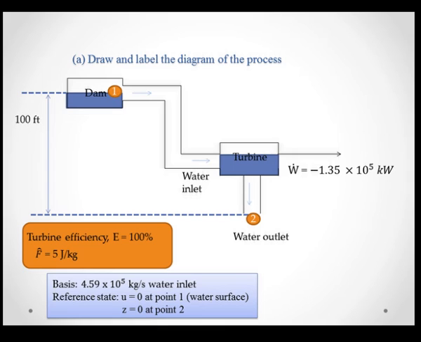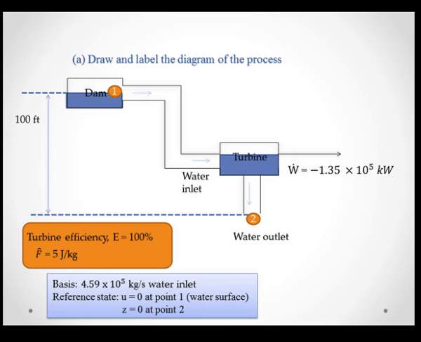Turbine efficiency, which is 100%. Frictional losses, 5 joule per kilogram. And lastly, negative 1.35 times 10 to the power of 5 kilowatt of electrical energy produced by a single turbine. The value is negative because the work comes out of the system.